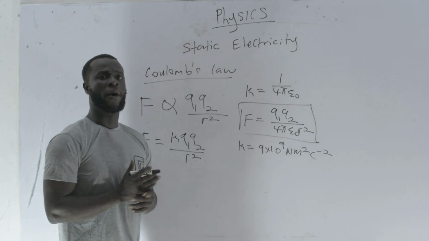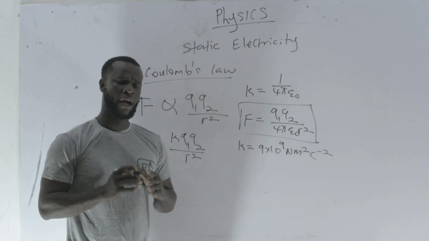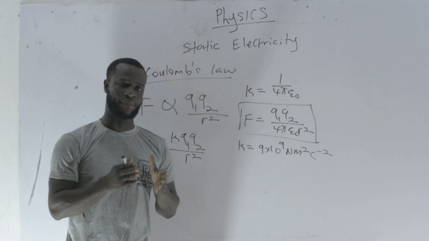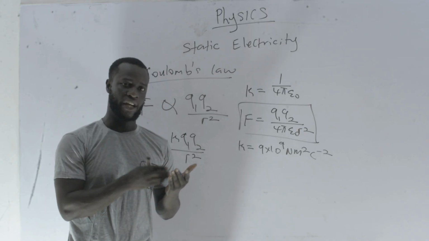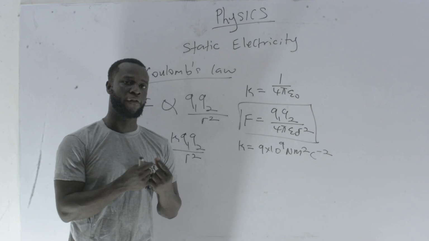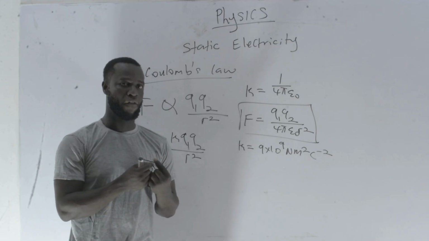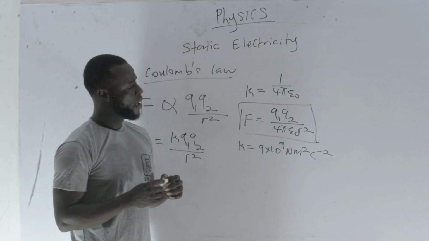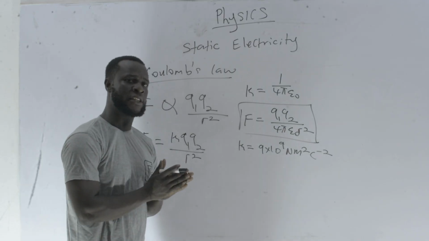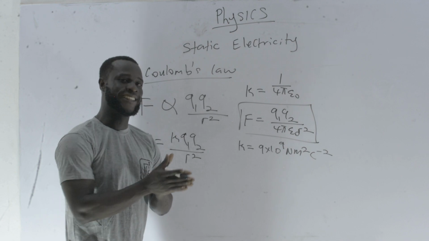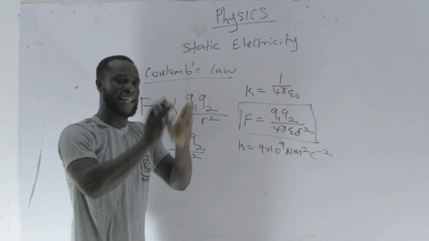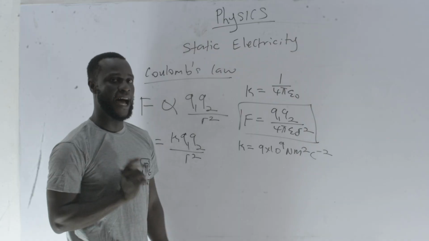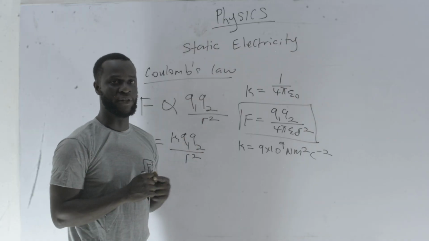The next thing we talk about is electric field. Electric field is a region or space around a charge where the influence of the force of the charge is detected or felt. The electric field intensity or the electric field strength at a point in an electric field can be defined as the force per unit charge.